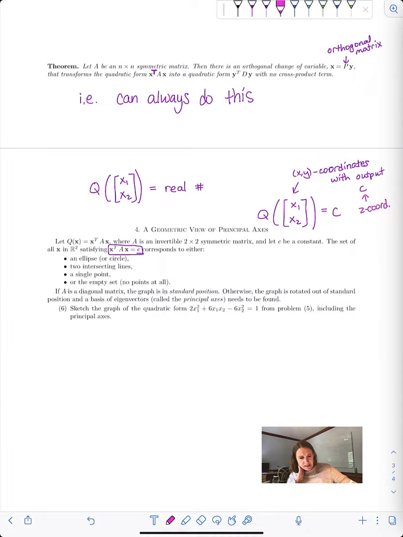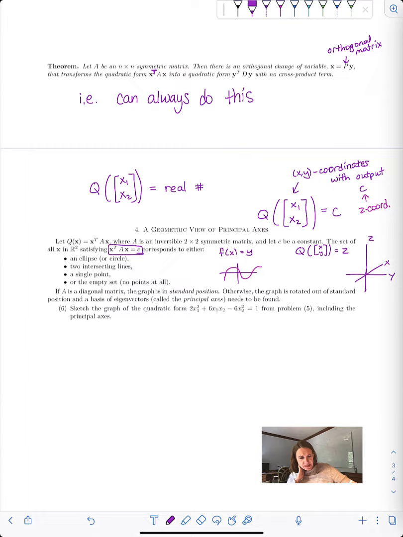So in other words, you're typically used to having a function f of x equals y, and you draw some function on the 2D plane where you draw your inputs and your outputs. Well, now what we're doing is q of xy equals z. And so we have our xy coordinates, and then we also have our z coordinates.